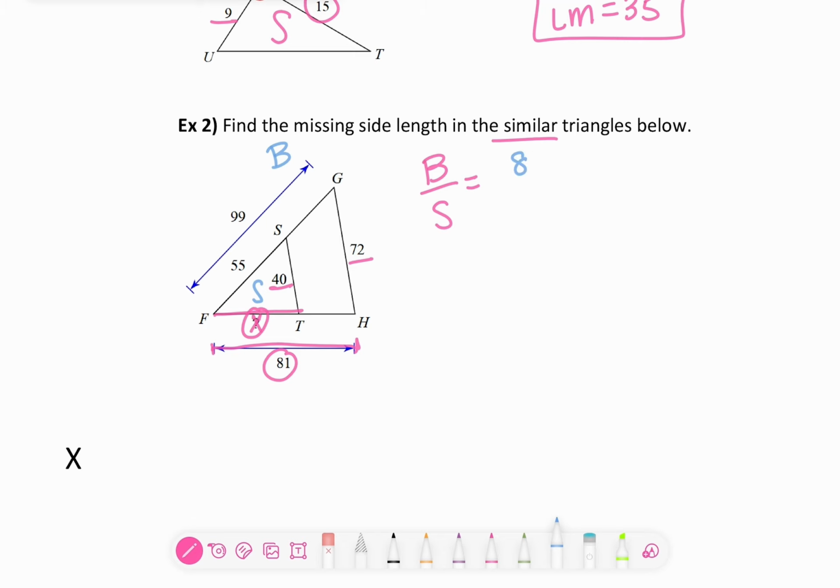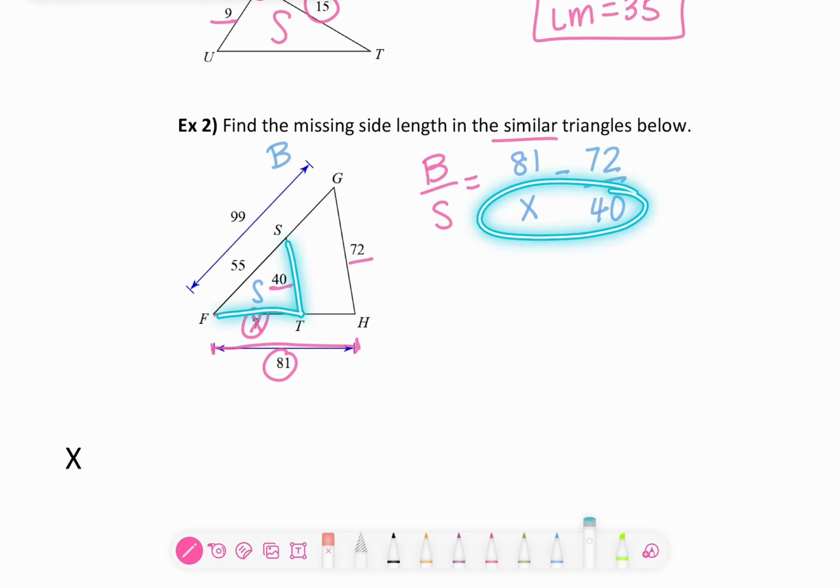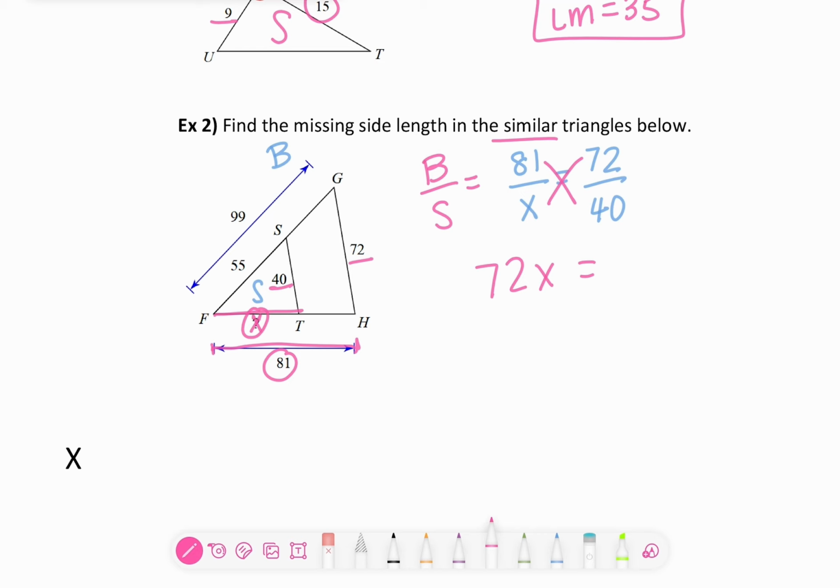So let's do 81 over x equals, and then that'll be 72 over 40. Just make sure that the numbers on top all came from the bigger triangle, 72 and 81, and that looks good. And then x and 40 are in the smaller one as well. Cross multiply and solve. 72x equals 81 times 40, which is 3240.